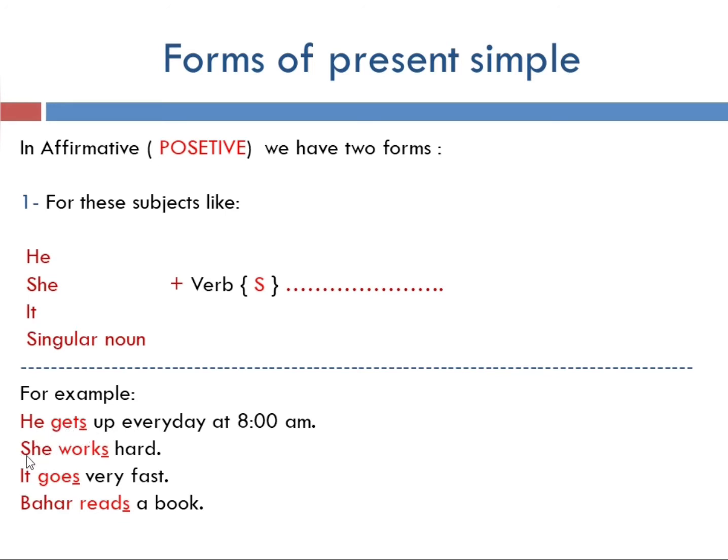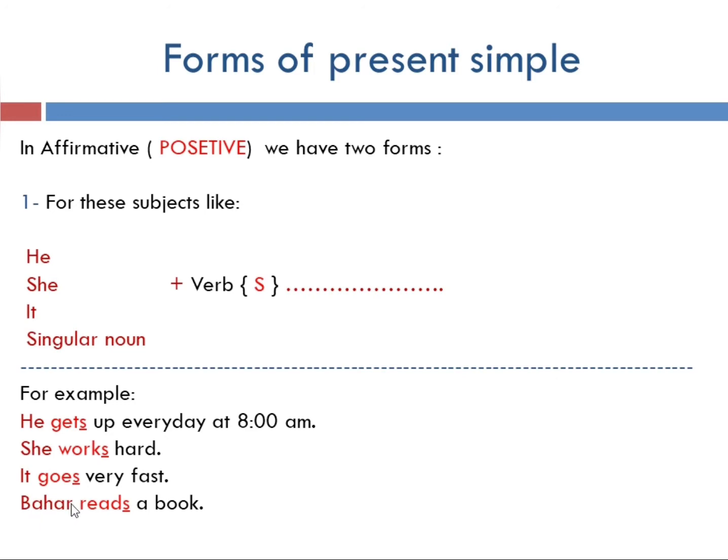For she, you cannot say she work hard. You have to say she works hard. It goes very fast. Because we have it, we added the third person singular s.